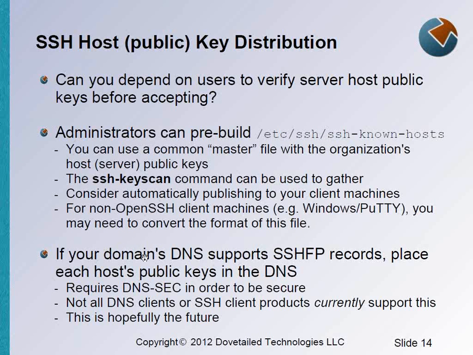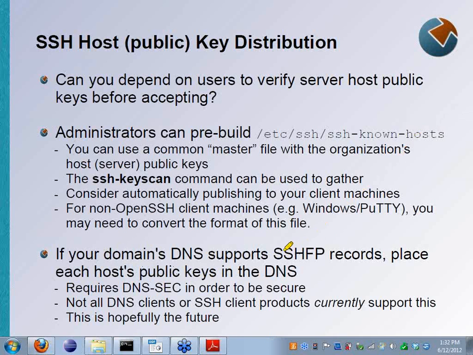But in the long run, I think the best solution is this last thing. There are new kinds of records in DNS. For a host entry in DNS, you can have an auxiliary record called an SSH-FP, which stands for fingerprint record, and you can put the host key in the DNS.